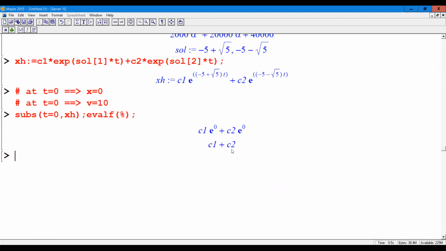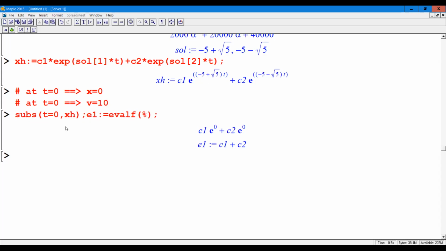So C1 plus C2 is the first initial condition at t equal to 0. When you substitute t equal to 0 in your xh, we will have C1 plus C2. We call it the first equation, or E1. This is the first initial condition.